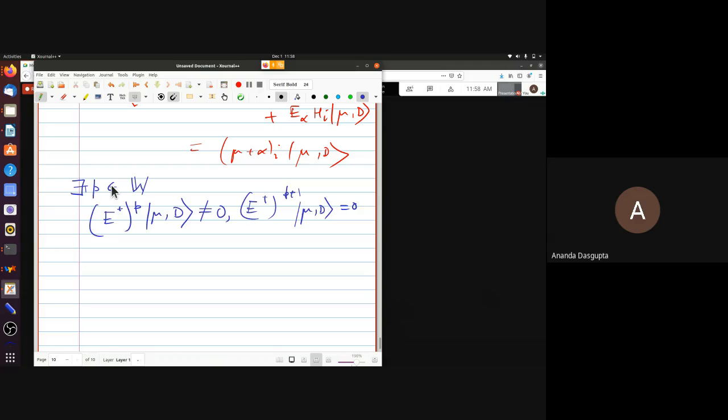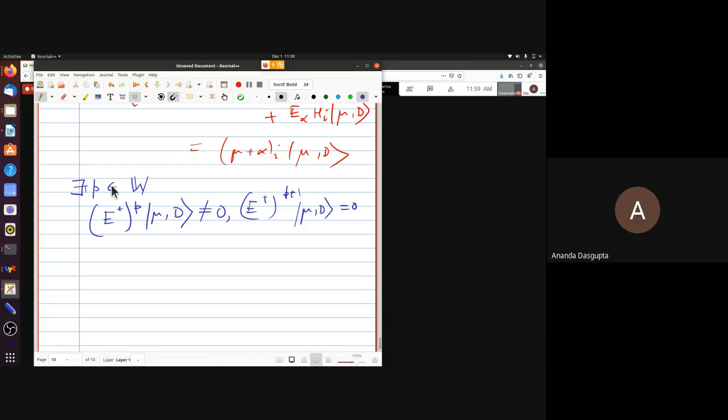In other words, E3 is an eigenvalue, right? You hit with E plus, you are going to get a new weight, mu plus alpha. Hit it with E plus again, you get mu plus 2 alpha. Hit it with E plus again, you get mu plus 3 alpha, and so on. But this cannot continue forever. This must stop somewhere. Okay?